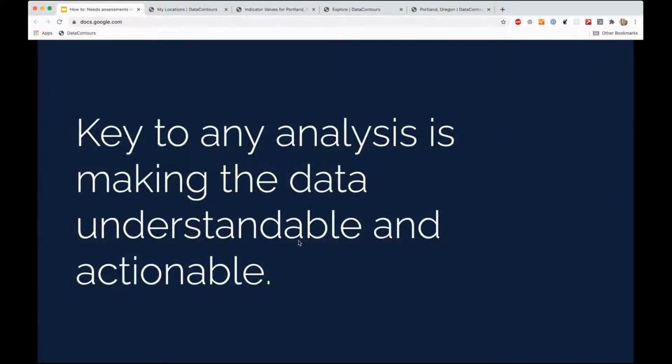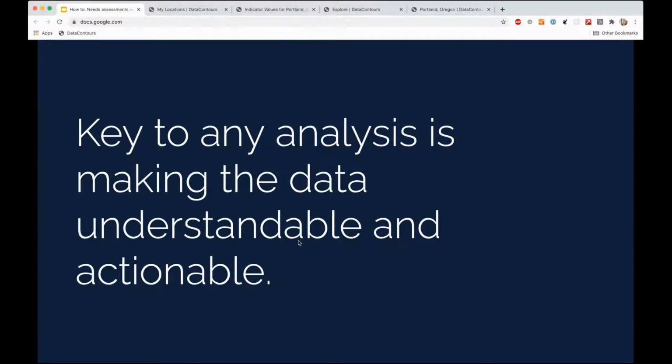Top level, key to any analysis is making the data understandable and actionable. Again, this is what makes a needs assessment relevant and useful. And the more that you can do this, the better. We always say it's kind of like yoga. It's a practice, right? The most effective needs assessments are actually processes rather than outputs.